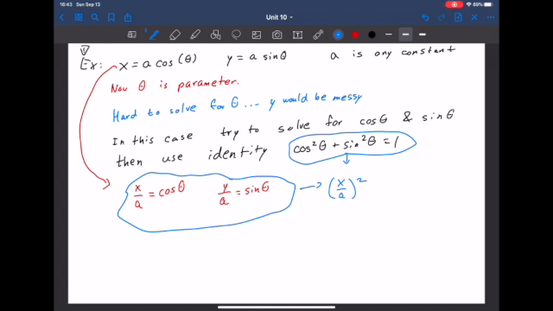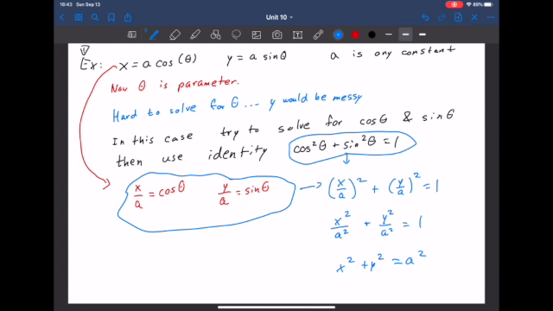Careful with how it substitutes. Remember, the cosine squared means the whole quantity is being squared, equals 1. I'm just going to simplify this a bit. And then we'd have x squared plus y squared equals a squared if I multiplied both sides by a squared.